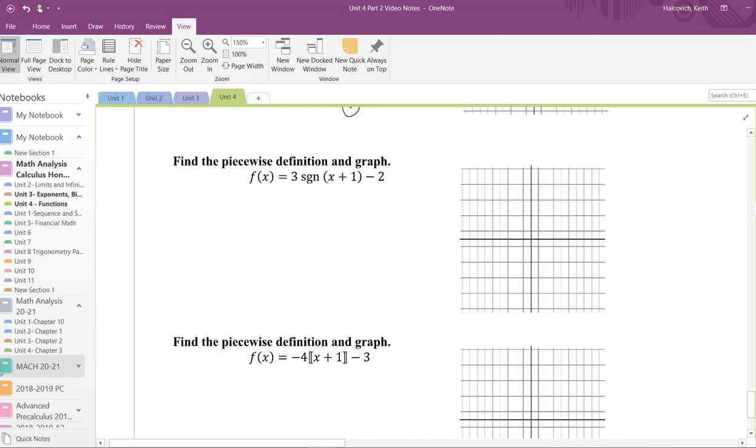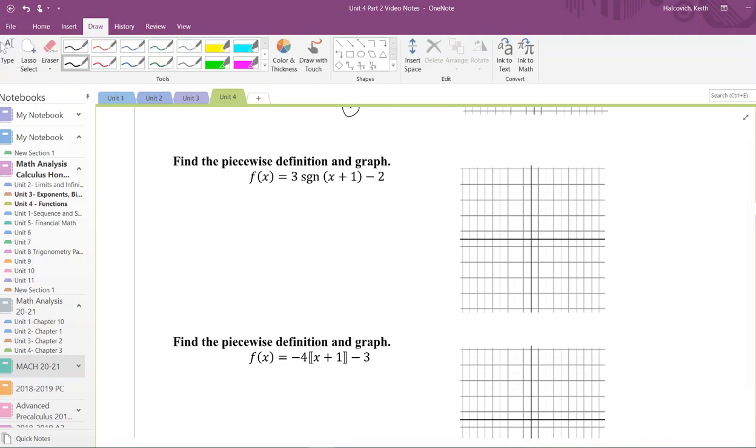The piecewise function. So basically when we graph these, we're first going to want to write the piecewise definition, and then we're going to graph them. So for example, here, this is saying I'm going to take 3 times the piecewise definition of the signum function.